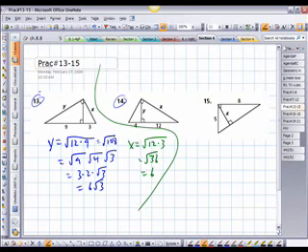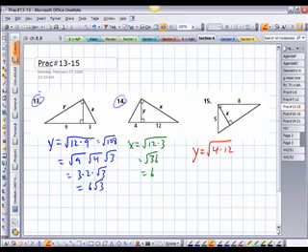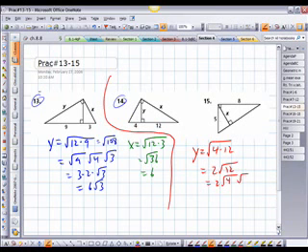Okay, now for 14. To do 14, what we do is, let's first find Y. And so Y is going to be the square root of 4 times 12, because the altitude is the geometric mean of the two parts of the hypotenuse, so that's equal to 2 times rad 12, which is 2 times rad 4 times rad 3, 2 times 2 times rad 3, 4 radical 3.